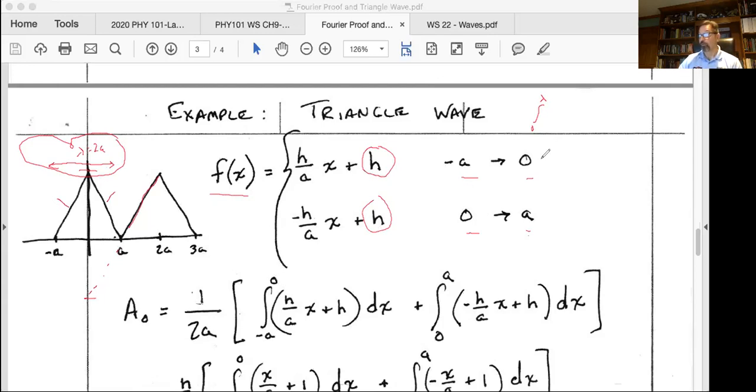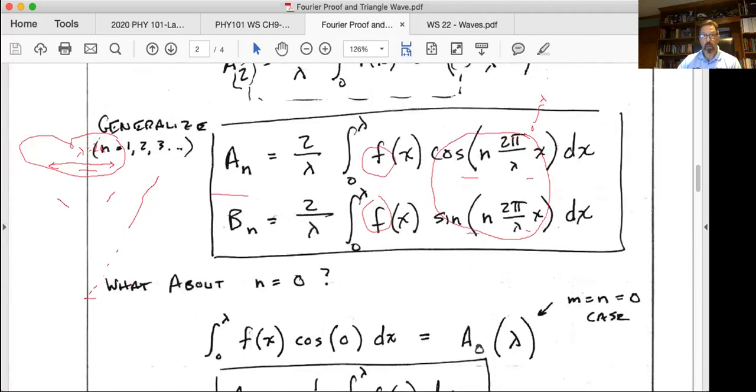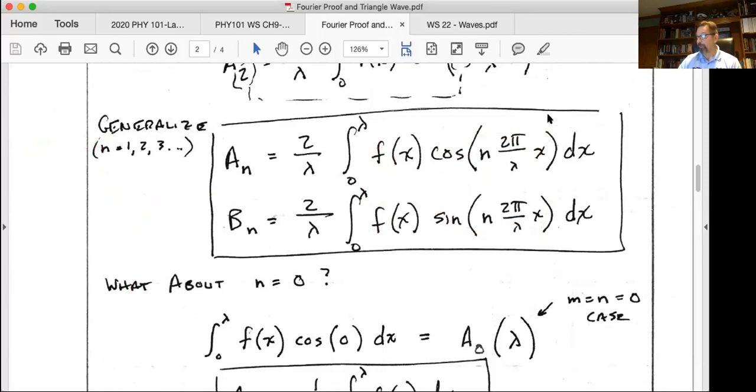Now, by virtue of the choice I made, I had to break up the Fourier integral. Let's make sure it's clear what I'm doing. I'm working this right here: A sub n is equal to the integral over one wavelength, but f of x here is multi-valued.